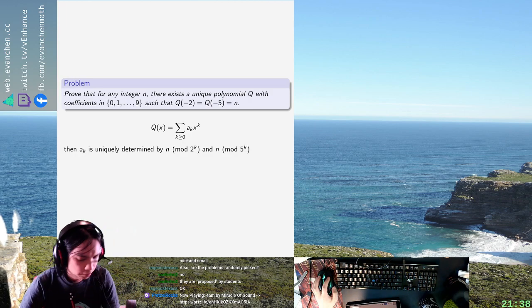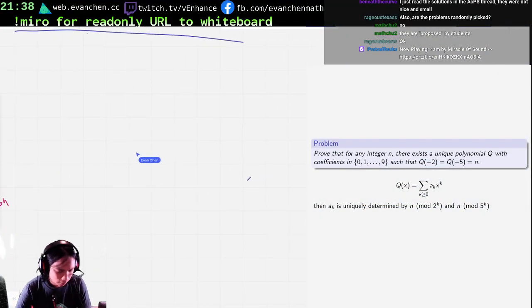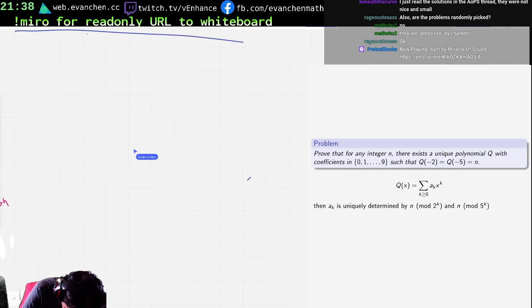Okay, alright, let's start bashing some stuff. So, essentially, I have two sequences, so n corresponds to some sequence b0, b1, up to... I shouldn't use A, I should use B and C or something.